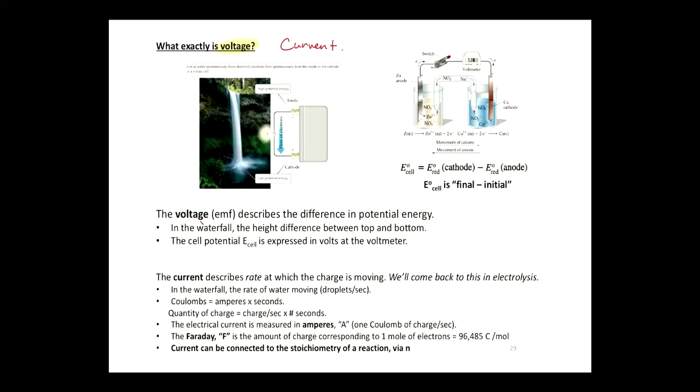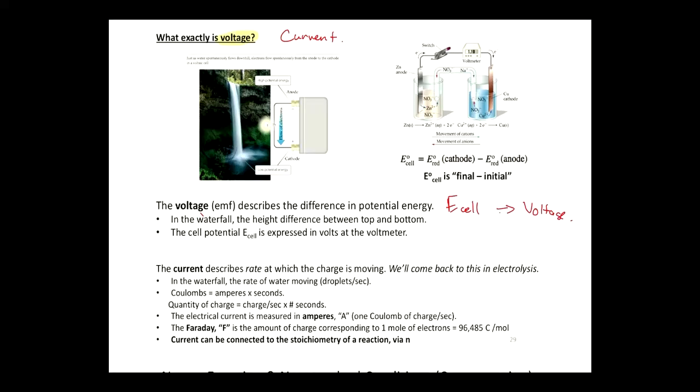This is where our E-cell equation comes into place, where we relate this to voltage. Current is something completely different. What helps chemists and scientists measure current is the idea that electrons carry charge.